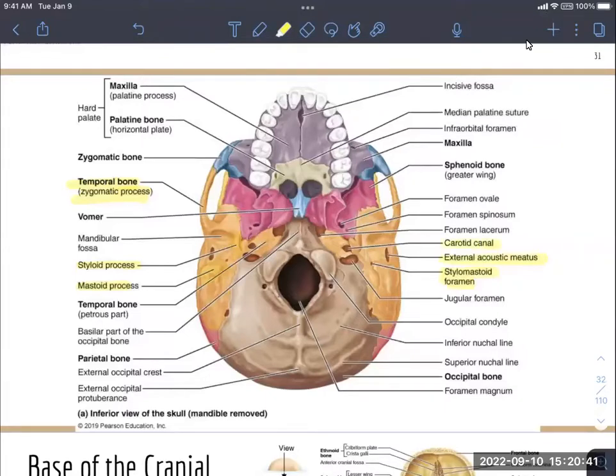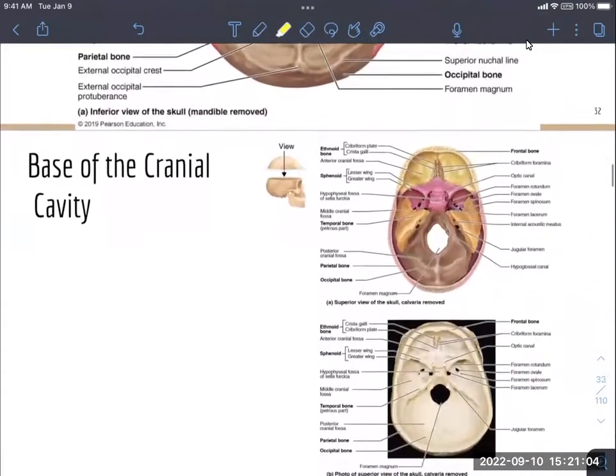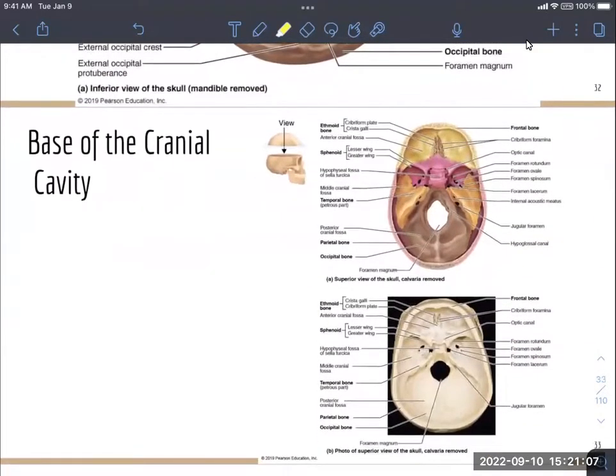You see part of that foramen lacerum. Foramen spinosum. Those were all talked about. We even have our jugular foramen. So all those are all the foramens we had spoken about before. You can see them from the underside. You can also see them inside the skull.